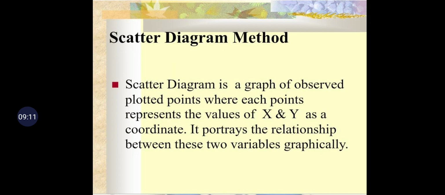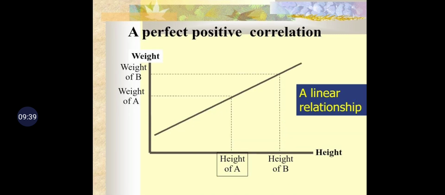Scatter diagram method. A scatter diagram is a graphical presentation of observations, plotted as points where each point represents the value of x and y as a coordinate. It portrays the relationship between these two variables graphically.